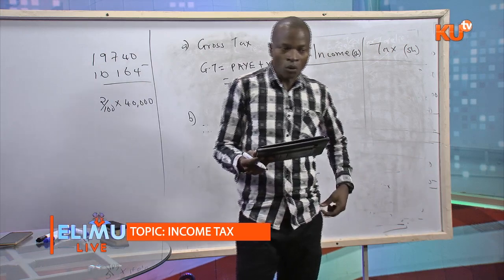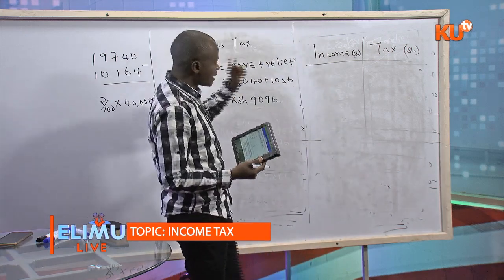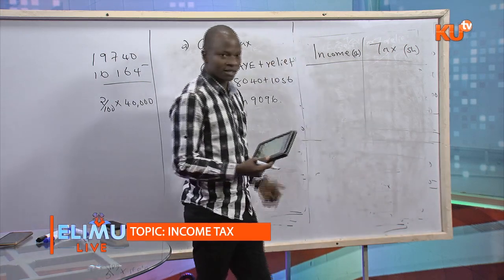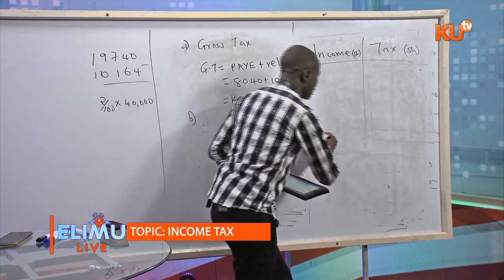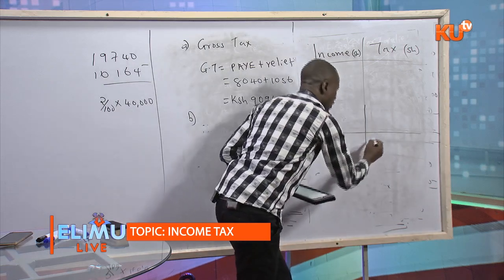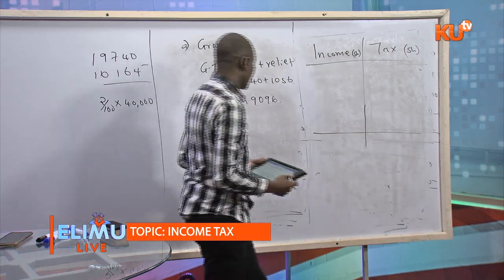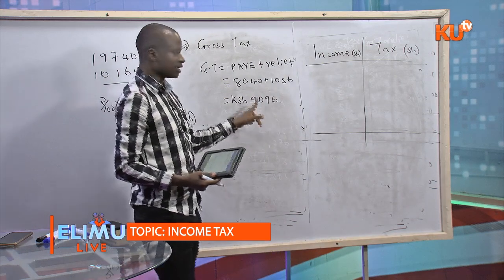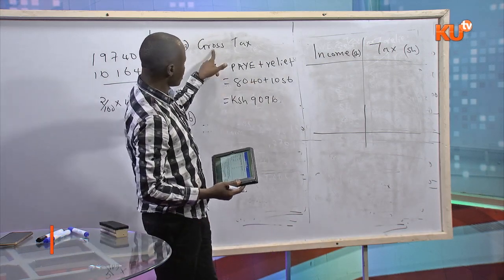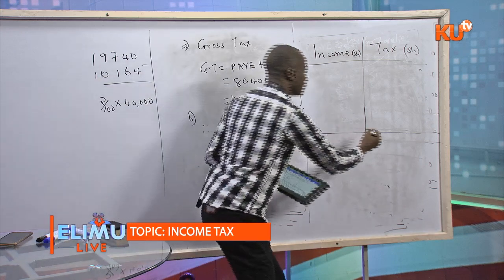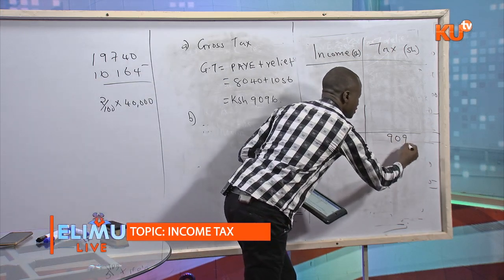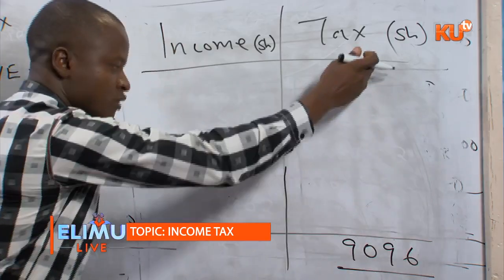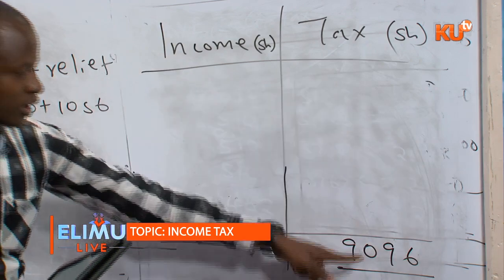Now in this case, our eyes will be focused on the tax, such that at the end of the day, what we need to have as the total on this side should be 9,096, which is the gross tax. So we already have the answer here as 9096.